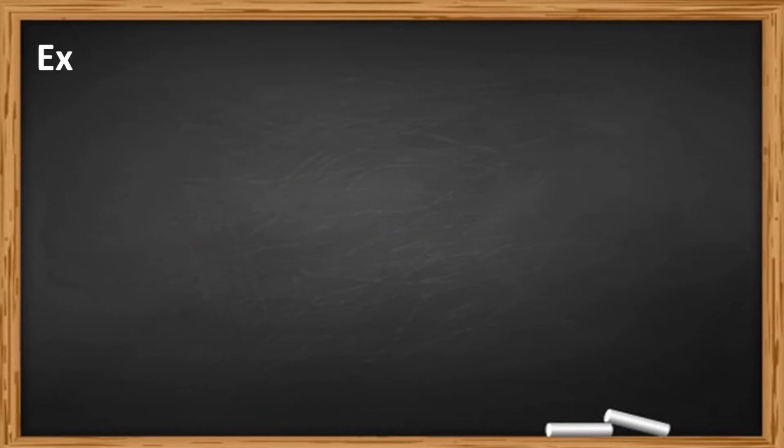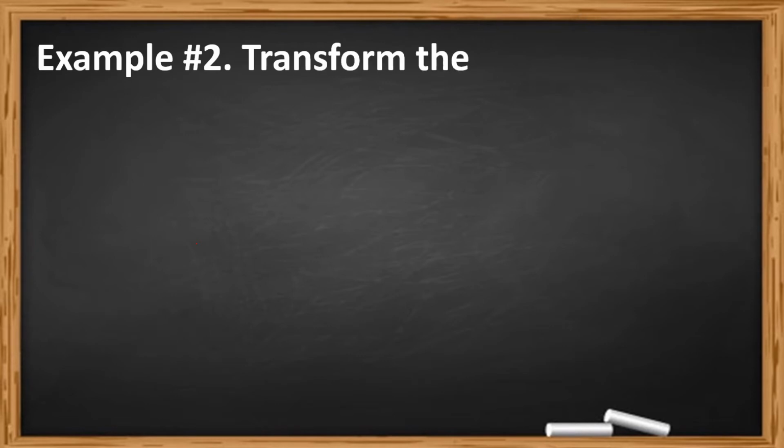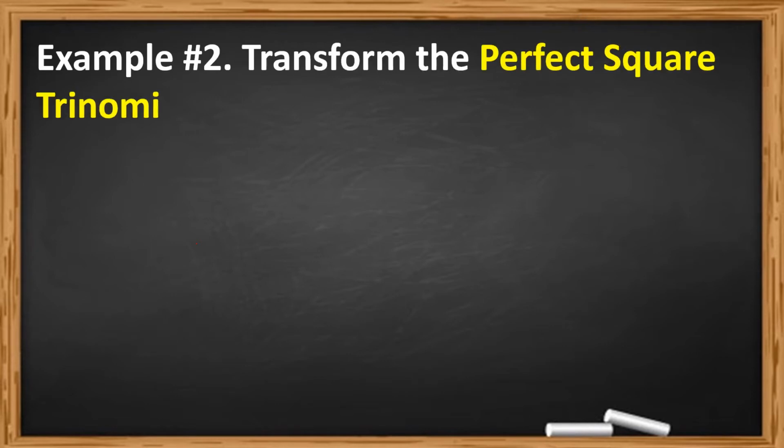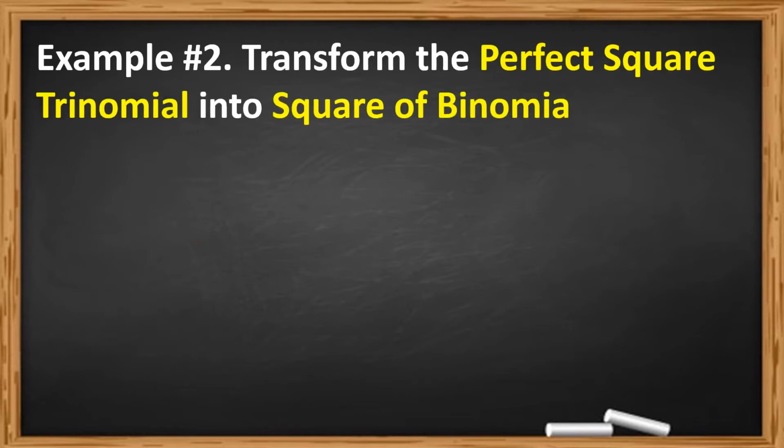And now let's try another example on transforming the perfect square trinomial into a square of binomial. You have 3m squared minus 6mn plus 3n squared. So it seems like our trinomial does not satisfy our two conditions to have a perfect square trinomial.